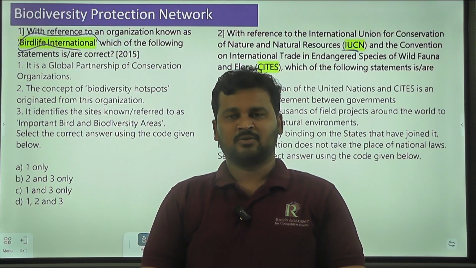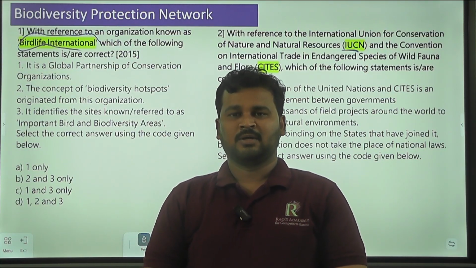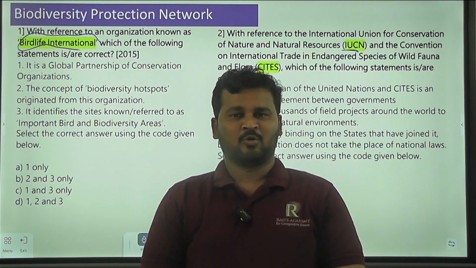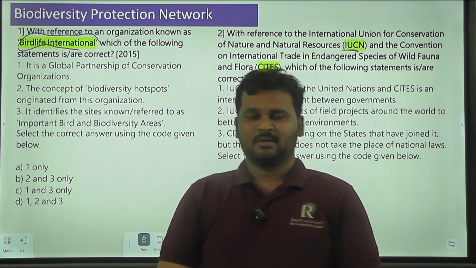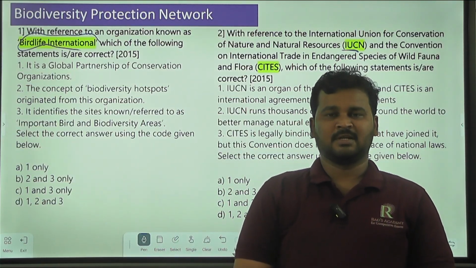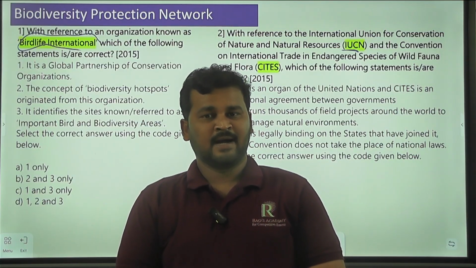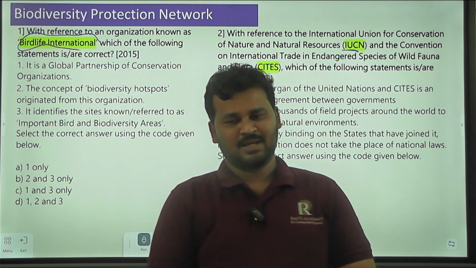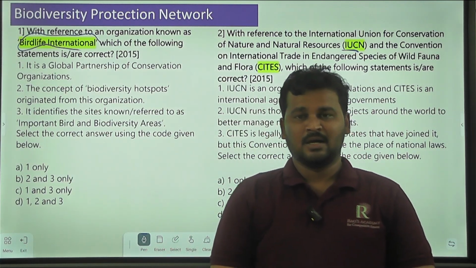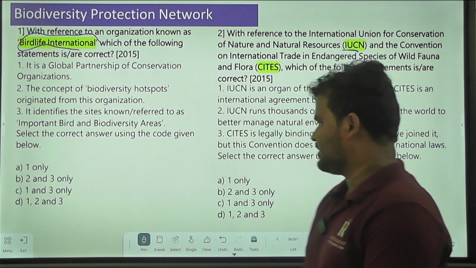So they have the finance. That means they are bringing some important guidelines. This institution, the International Union for Conservation of Nature, is an organization issuing guidelines to protect animals. Clear? That's the thing.